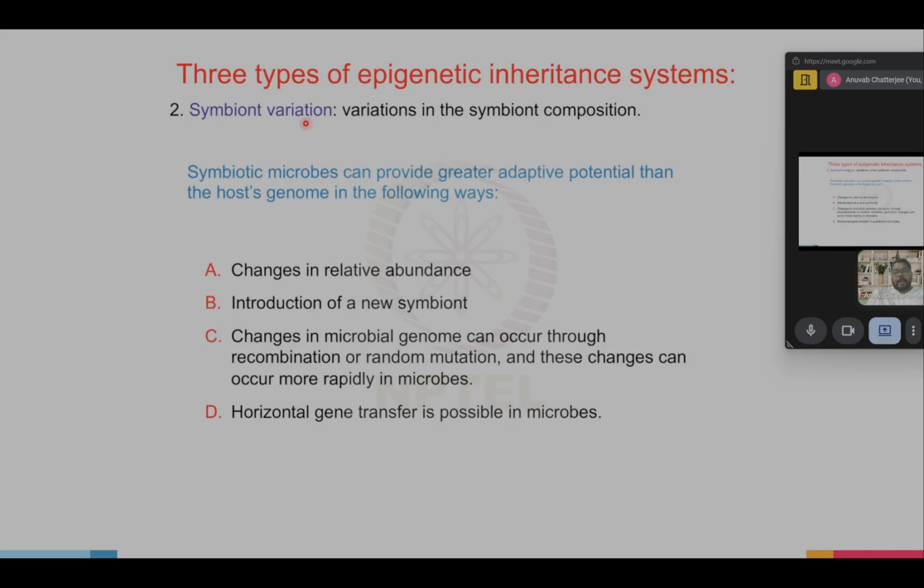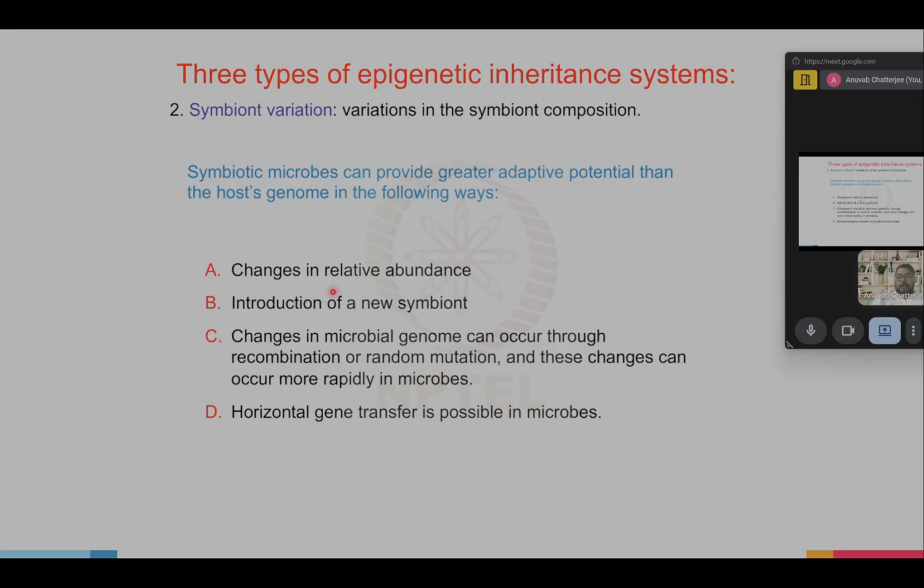The other being symbiotic variation. This is when two organisms live together and help and support each other, and changes in the genotype of one can be inherited and cause phenotypes in the other. One of the examples could be the microbiota in case of humans. We have a huge intestinal microbiota which helps us digest as well as contributes towards various needs of our body, and any changes in that can actually cause changes in the phenotype of the humans.